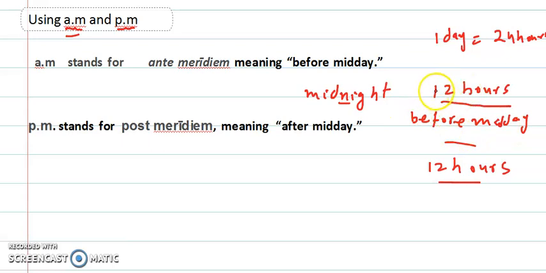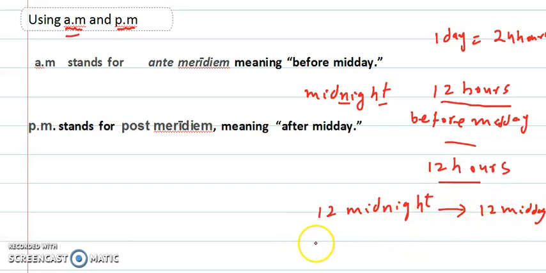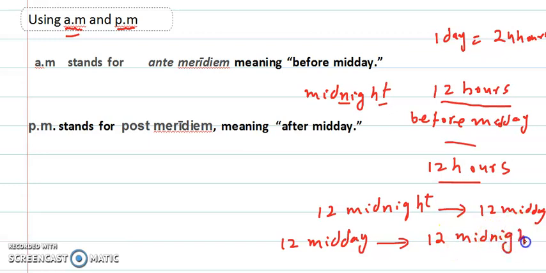So the first slot of the 24 hours will start at midnight, the 12 of the night, till 12 of the midday. The second slot of the time will start after the 12 of the midday and will continue till 12 of the midnight.